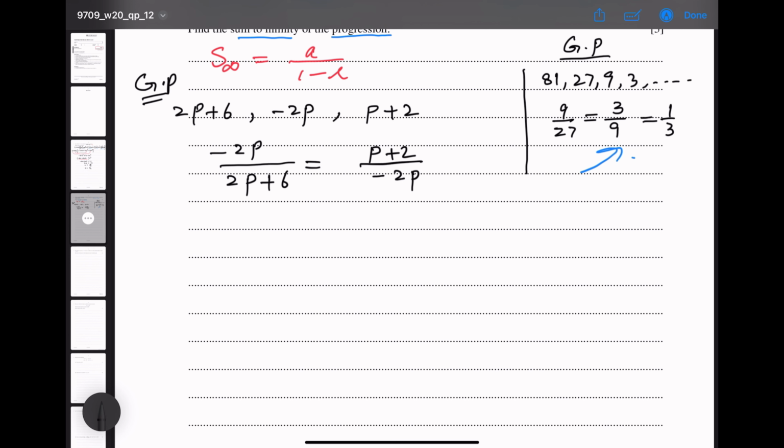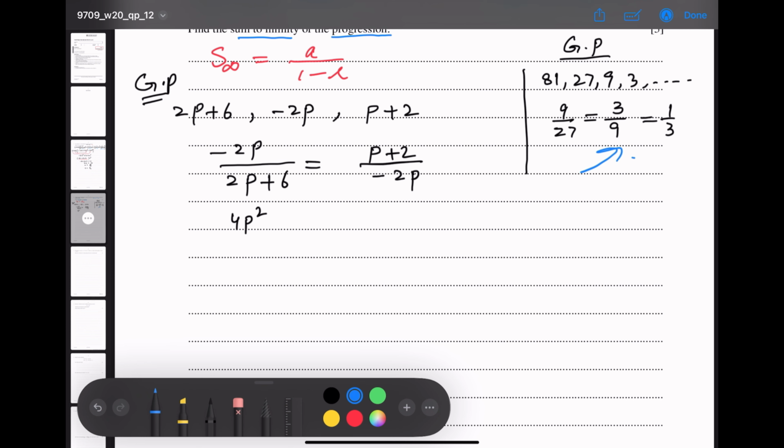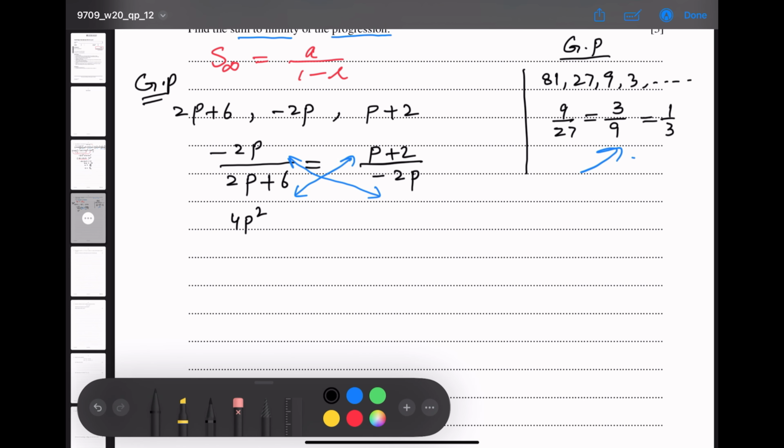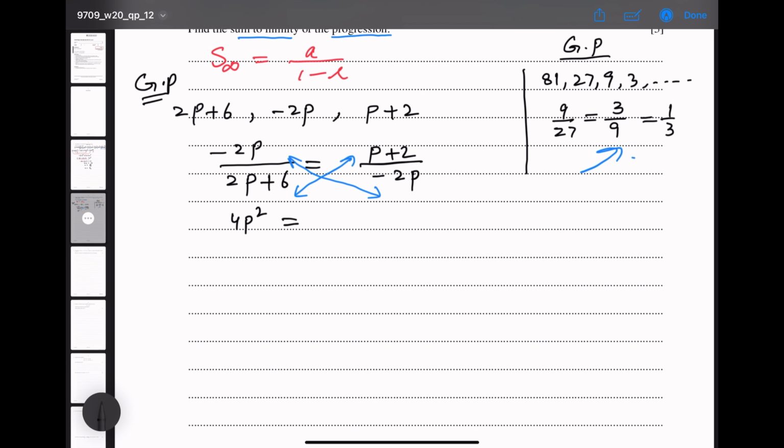By cross multiplying, 4p square is equal to (p plus 2)(2p plus 6). 4p square is equal to, multiplying, 2p square plus 6p plus 4p plus 12.